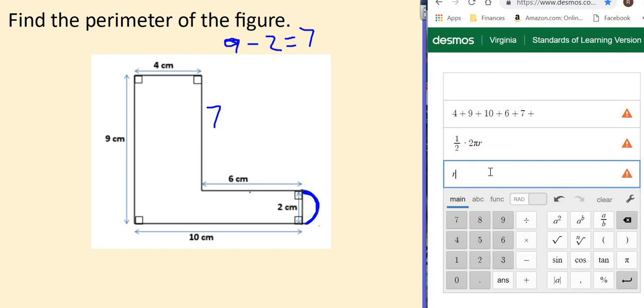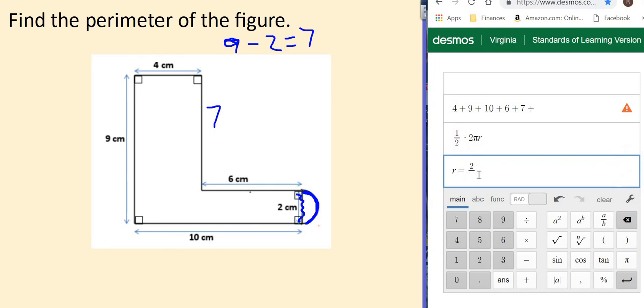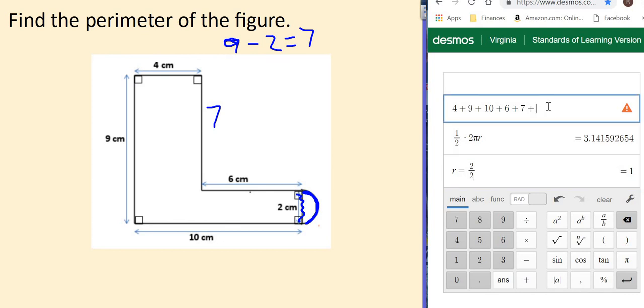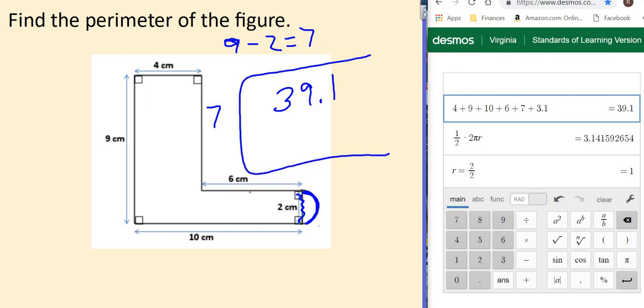If this entire side here is 2, I know that if I take 2 and divide it by 2, it will give me my radius of 1, which gives me a semi-circumference of 3.1. So that means my perimeter of this entire figure is 39.1 centimeters. And that would be my perimeter.